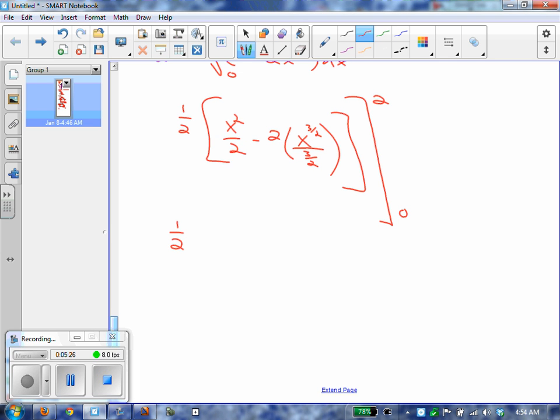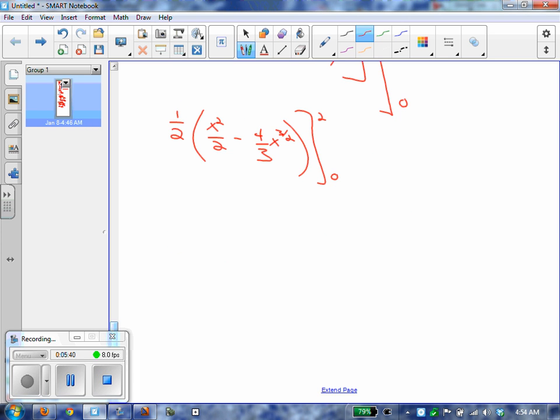All right, let's clean this up a little bit. This is going to get me 4/3 x to the 3 halves. All right, what's going to happen when I plug in my 0? What will I get here? 0. Yep, and here. So 0 minus whatever I get when I plug in my 2. So I'm still going to have that 1/2 times 4 over 2, which is 2, minus.